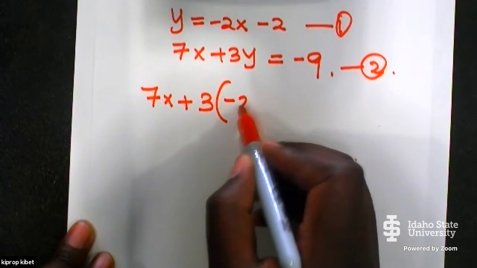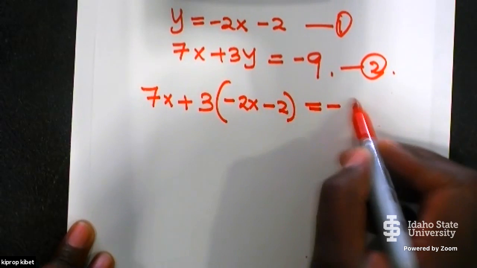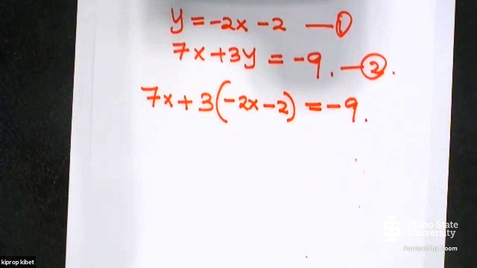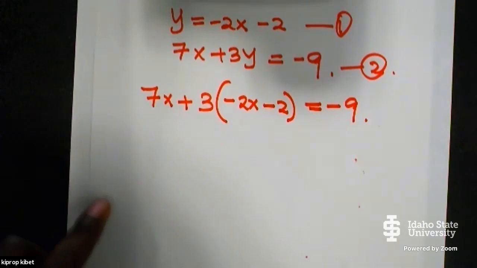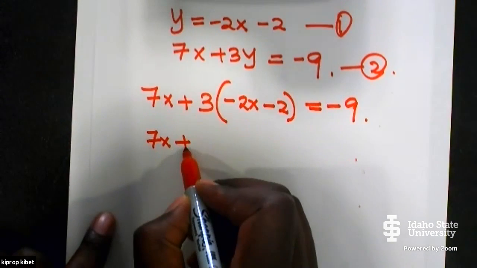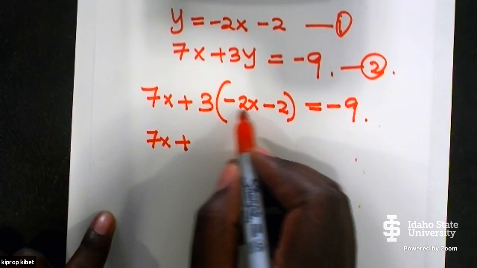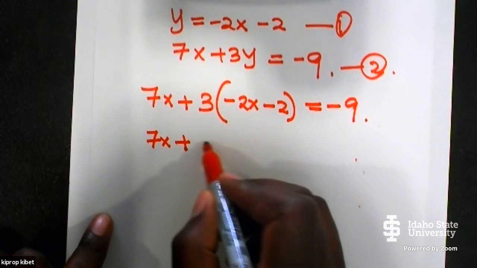So minus 2x minus 2 equals minus 9. Then you open the brackets. So 7x plus, 3 times minus 2x is what?